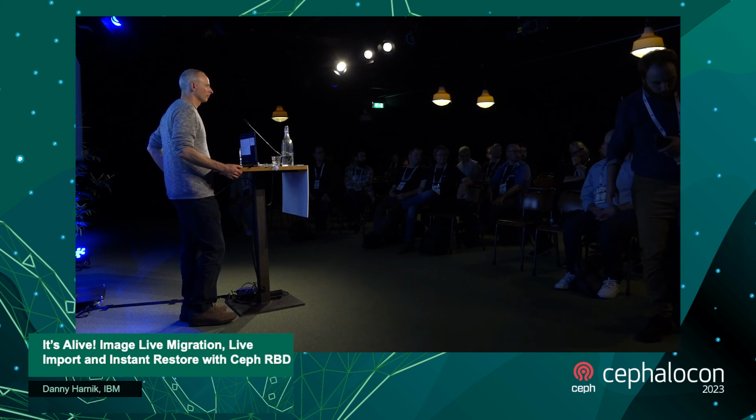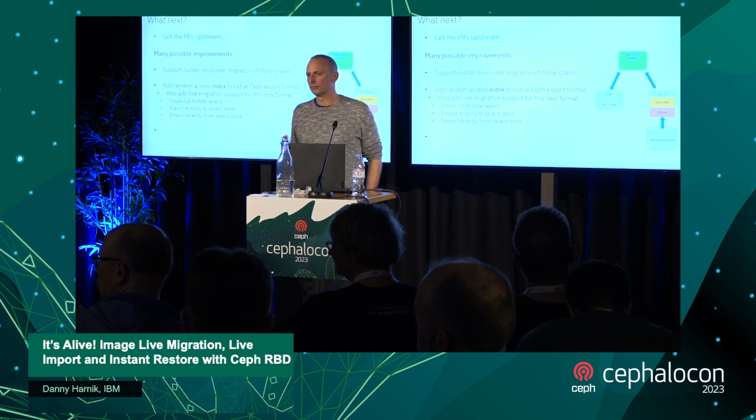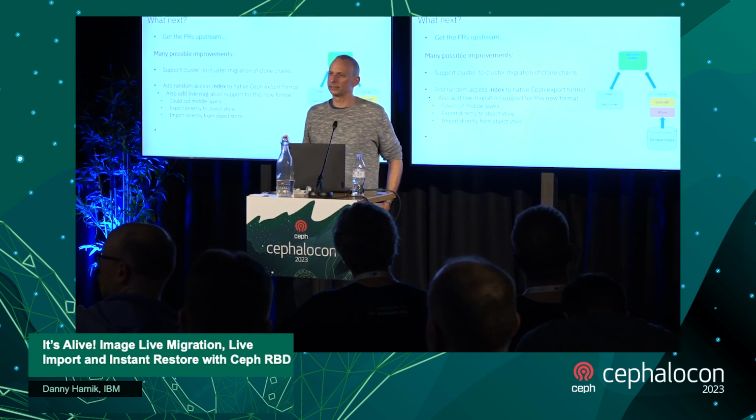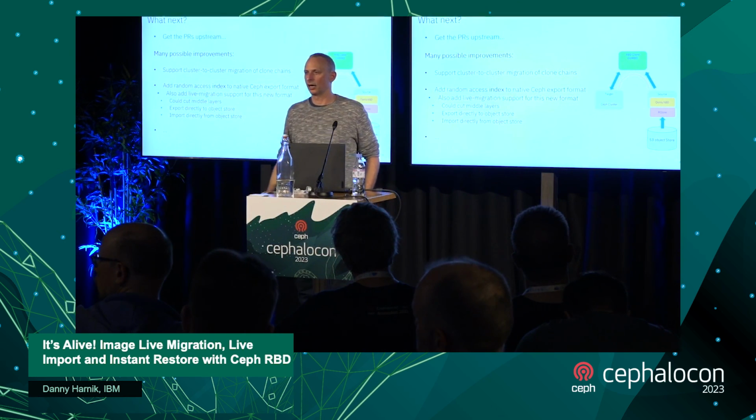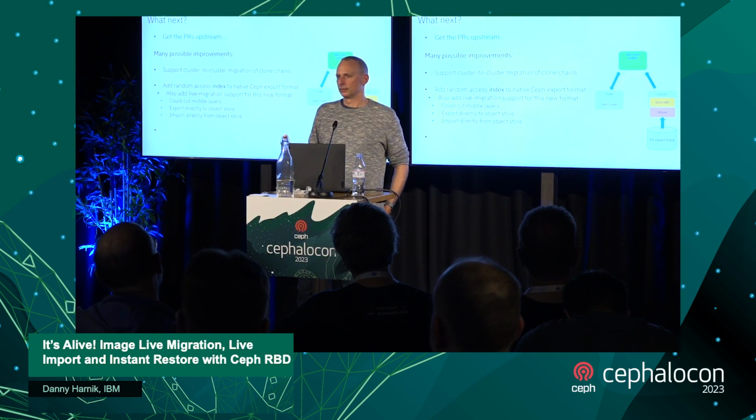Just one comment on his question. We have written, a few years ago, a tool that you can use to offline merge an image with a delta diff, so that you have your original image. For the RBD delta export, you can merge it offline without a Ceph cluster.